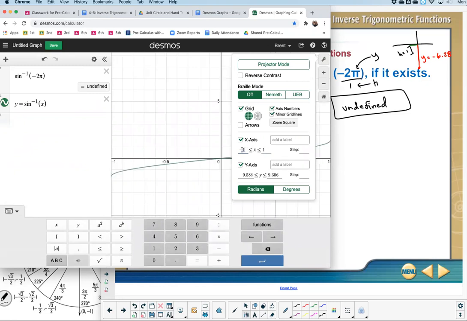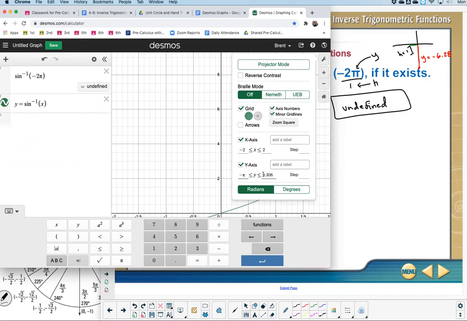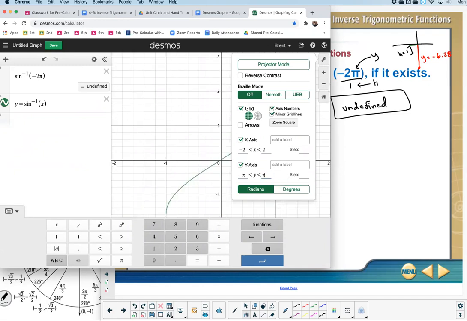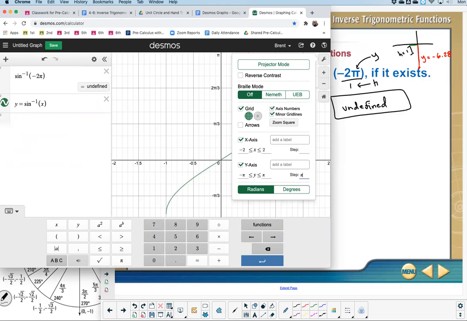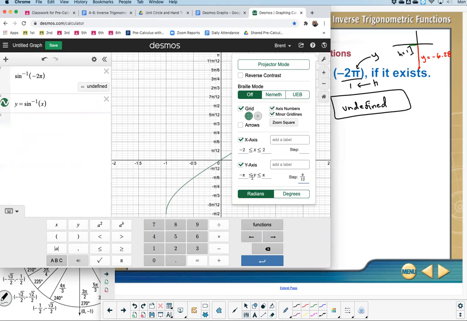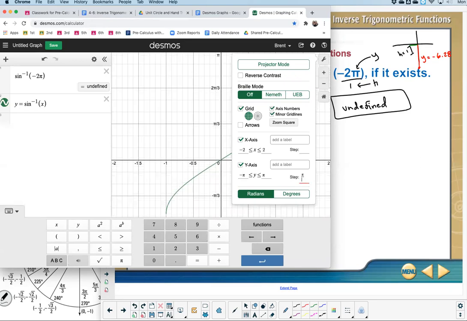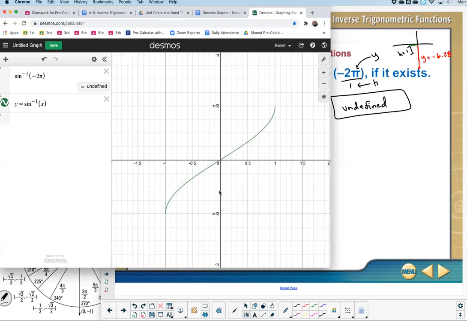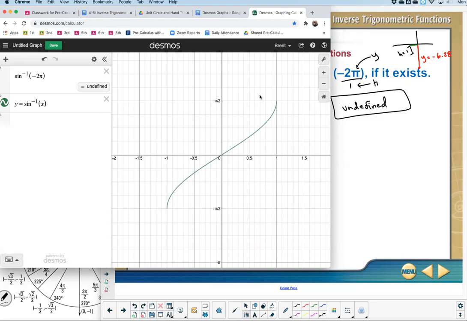Actually, to make it easier to see, let me go to negative 2 and 2. And y is going to go from negative pi to positive pi. Let's just count by pi divided by 2. Okay, so here's the actual graph.